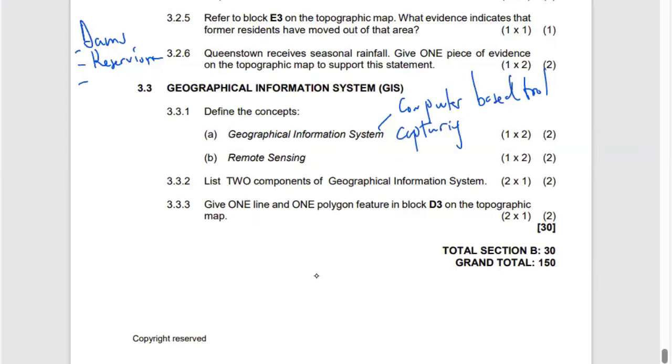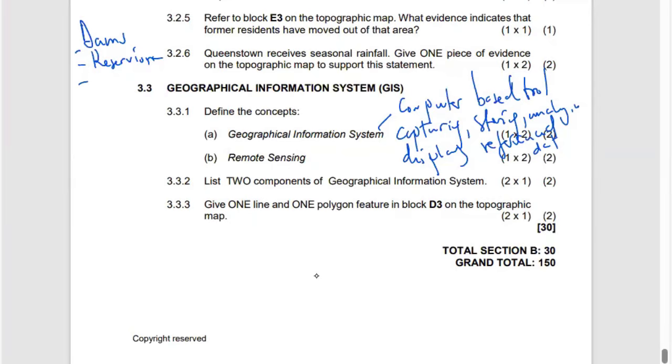It is also used for storing, for analysis, and for displaying. All those uses are applied to geographically referenced data or spatial data. So it's a computer tool that is used to capture geographical data. We store it, we analyze it, we display, and also we can manipulate it. All that we use GIS for.